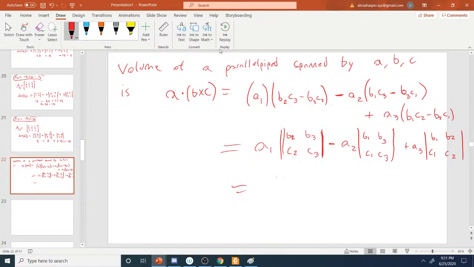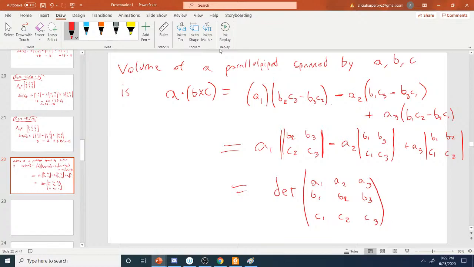And you can then recognize this as the cofactor expression of the determinant of the matrix with rows A1, A2, A3, B1, B2, B3, C1, C2, C3.